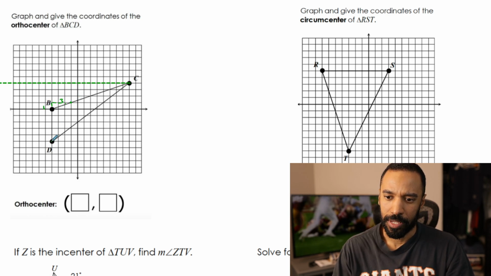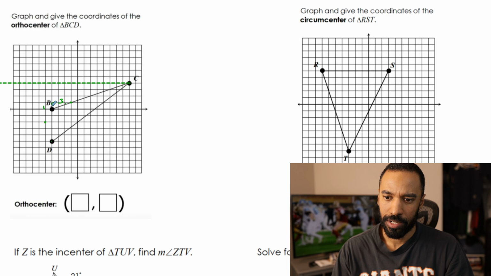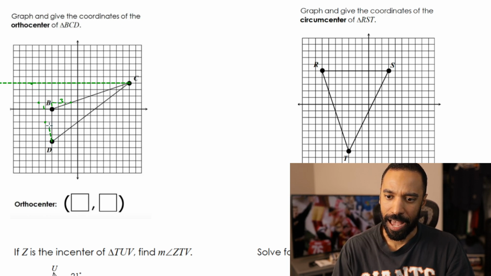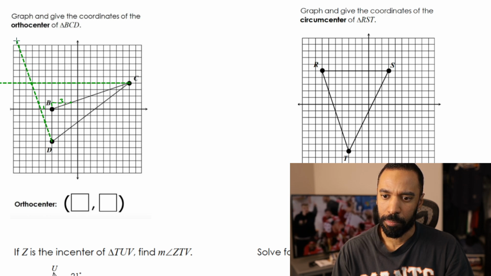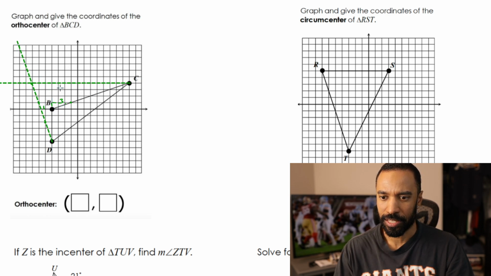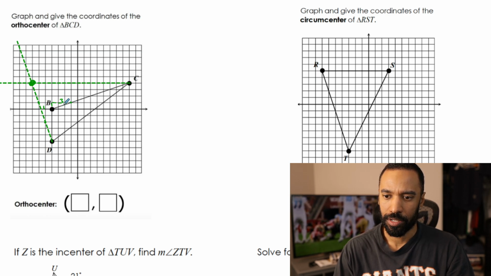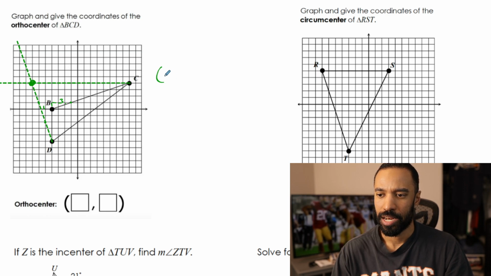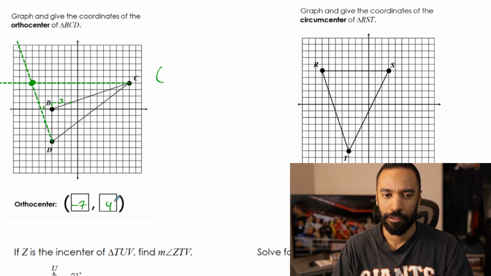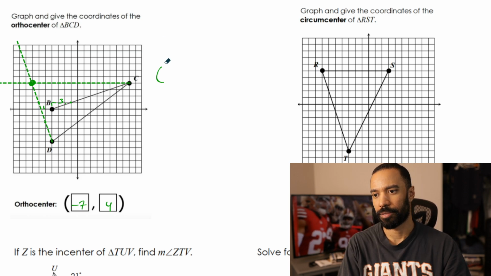So I'm going to go from here, up 3, left 1, up 3, left 1, like this. Boom. And get that altitude that would have been perpendicular to BC like that. So this will be the orthocenter right there, which is negative 1, 2, 3, 4, 5, 6, 7. 1, 2, 3, 4. This is negative 7, 4. It's the orthocenter of that.